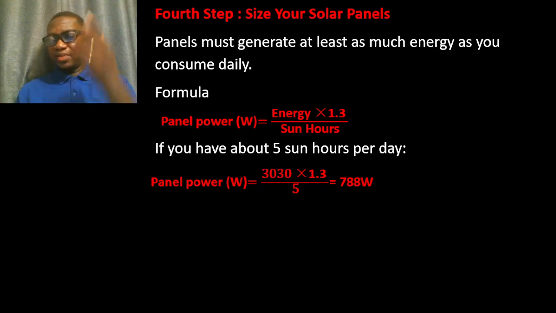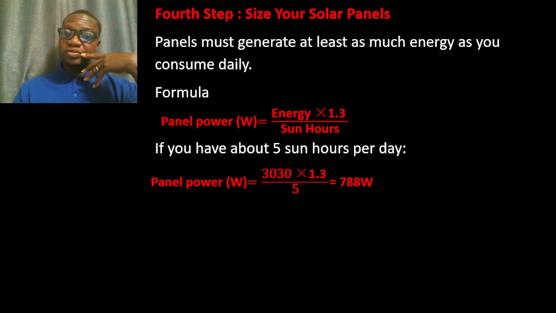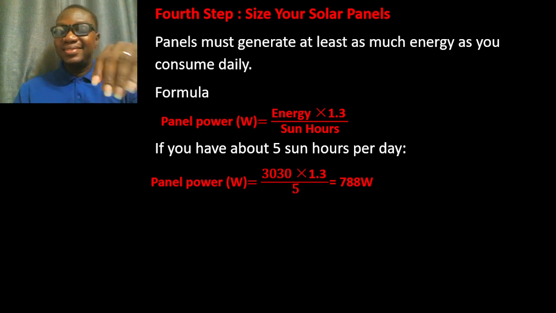So why do you multiply by 1.3? When you are doing calculations about all these solar things, on your book or whatever, one thing is this: the calculation you are doing on your book is an ideal situation.